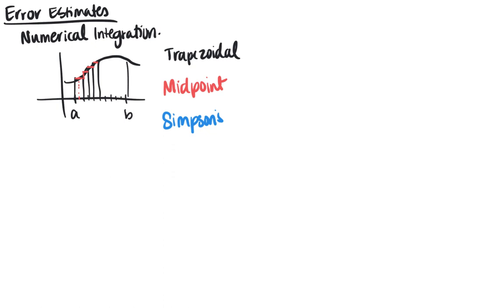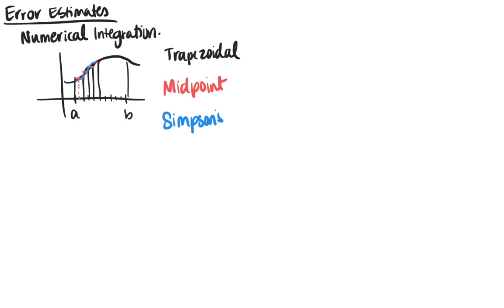Basically what Simpson's does is it makes little quadratics. Instead of being flat like a trapezoid or a flat rectangle, it has a little piece of a quadratic on top, so it's kind of curvy on top to approximate the area there.